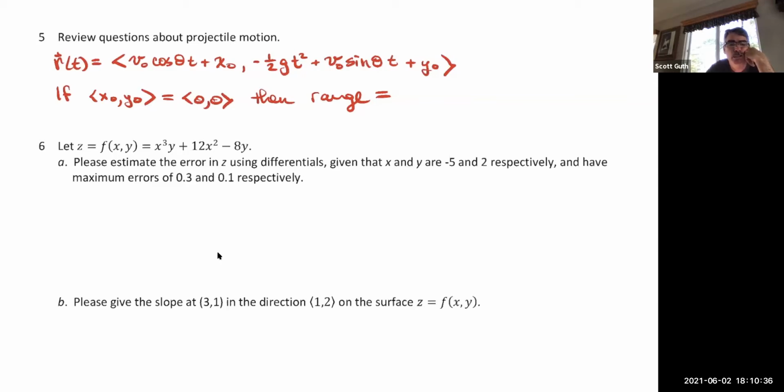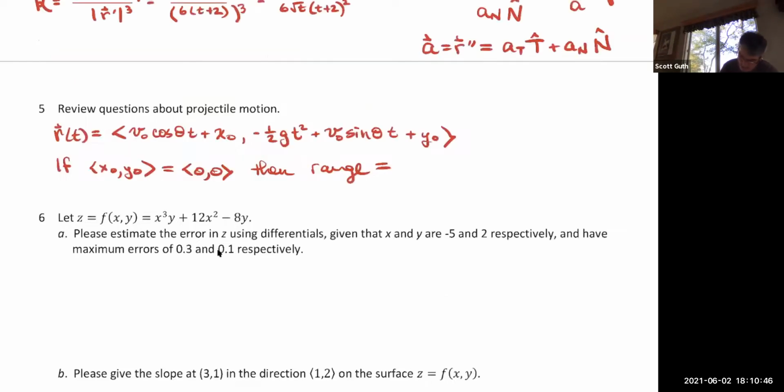So the range is v naught squared sine 2 theta over g. That sounds familiar. So script v naught squared sine of 2 theta, where theta is the angle of inclination for the projectile, over gravity.